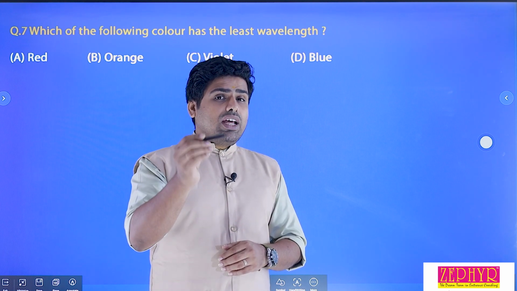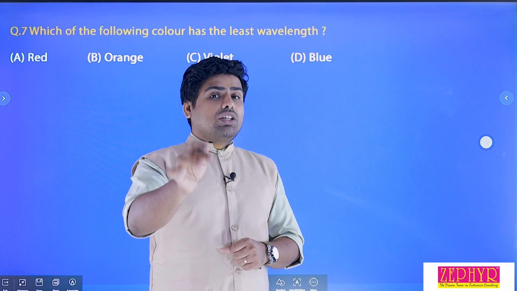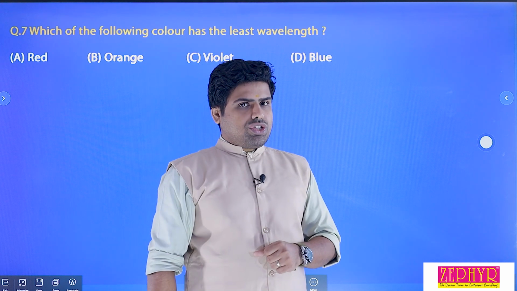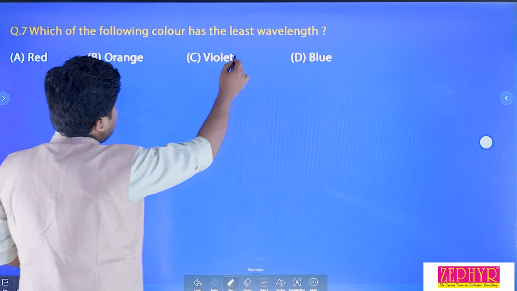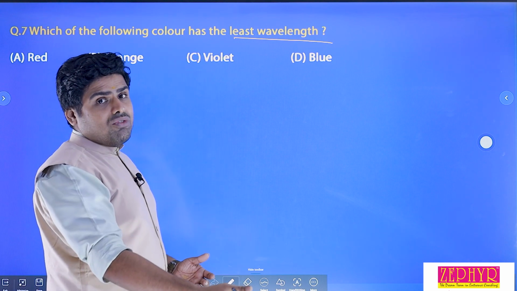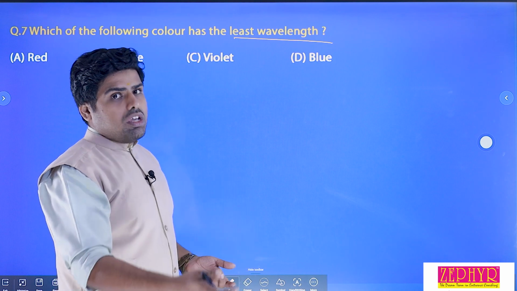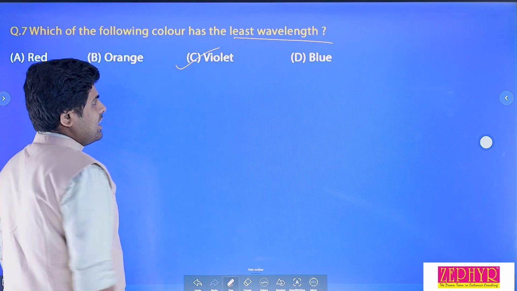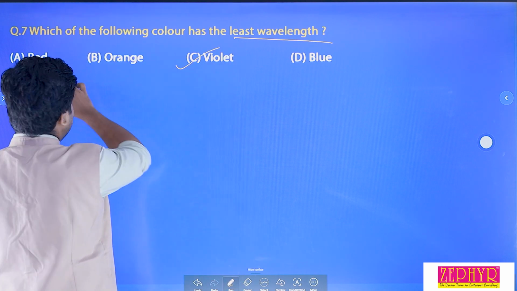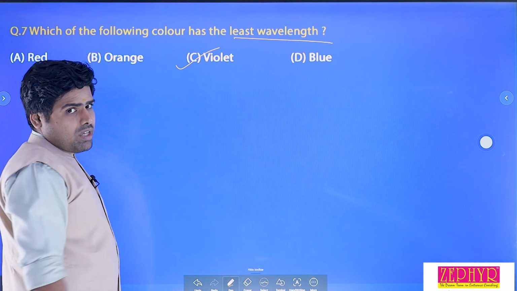The wavelength of violet color is small, therefore it shows large deviation. So the color with the least wavelength shows large deviation; here violet is the right answer.